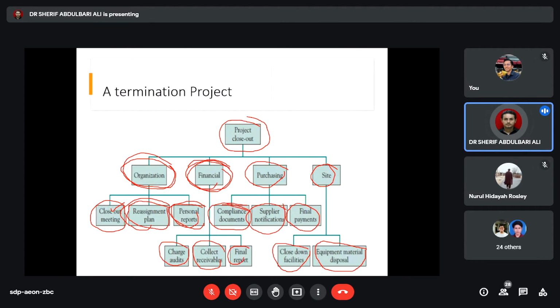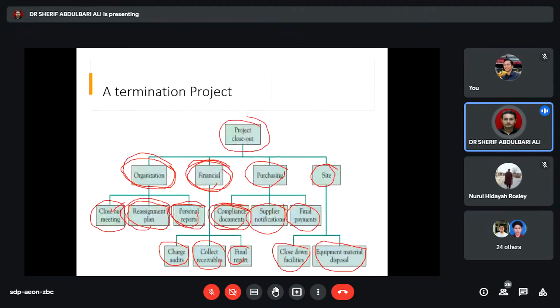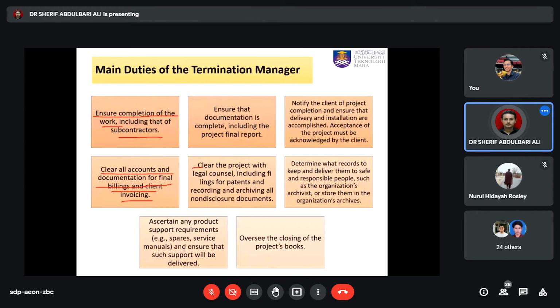As we can see from here, we need to compile the documents. Notify the clients of the project's completion and ensure that delivery and all the installations are accomplished. Clear all the financial accounts, documentation, final billings, and also invoices. That means we need to clear up all the financial matters.